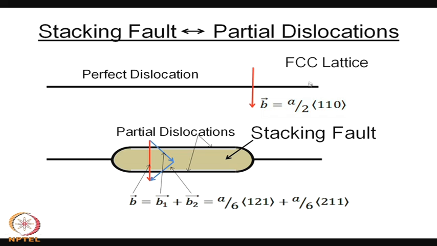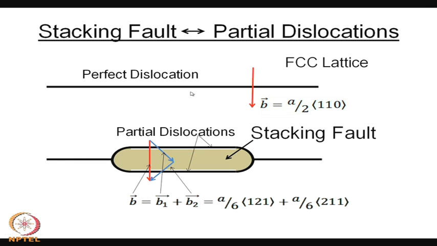And in this case, it is an FCC lattice, that is the example we have taken, and the Burgers vector in an FCC lattice is actually a/2 <110> direction. So, that is the close packed direction, and a is the lattice parameter. So, a/2 <110> is what we call the Burgers vector of the dislocation in an FCC lattice.